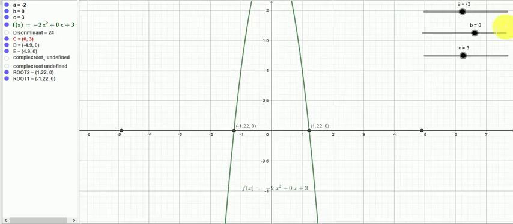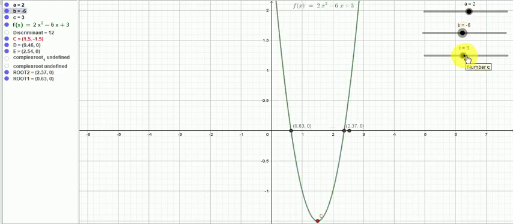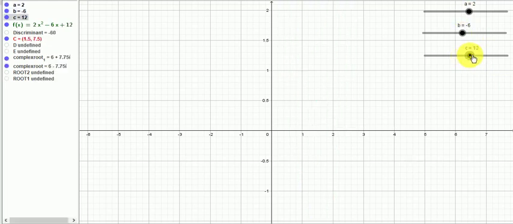So if I take a to be positive, let's say I took 2, and b to be minus 6, and c if I take 5.